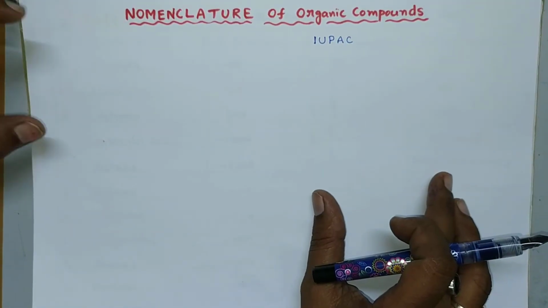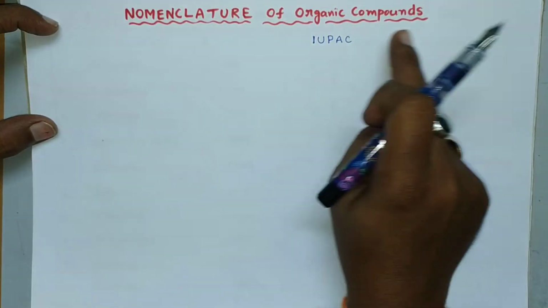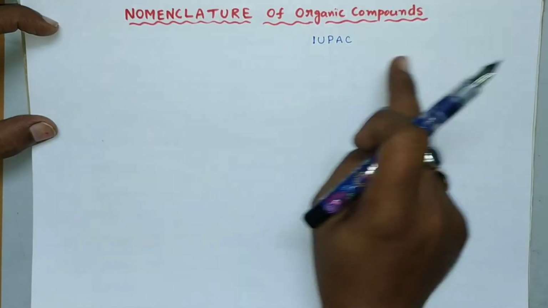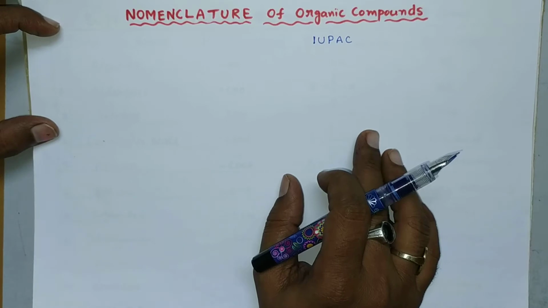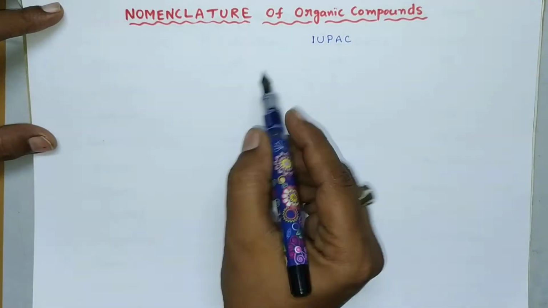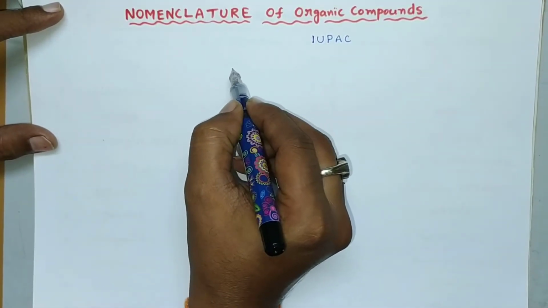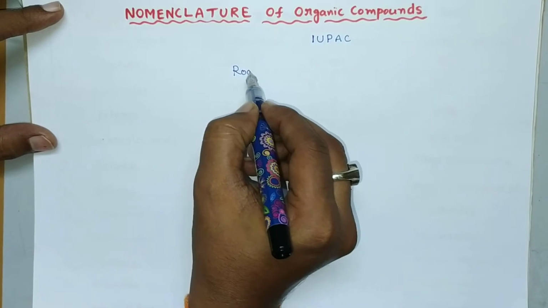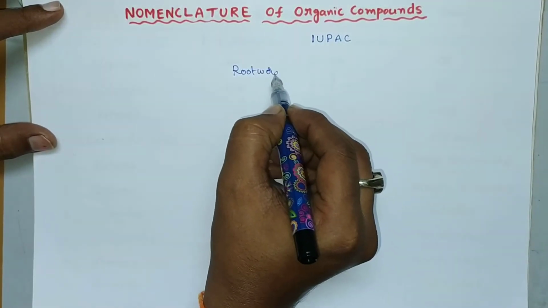Here we are going to discuss the IUPAC nomenclature of organic compounds. The name of any organic compound consists of mainly 5 parts. The first one is the root word, or word root.